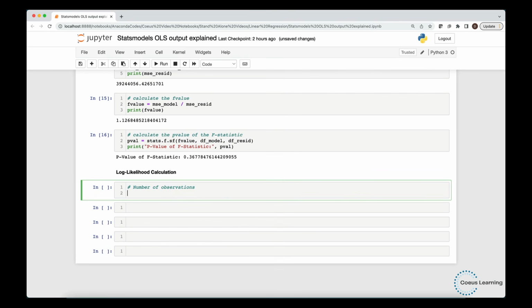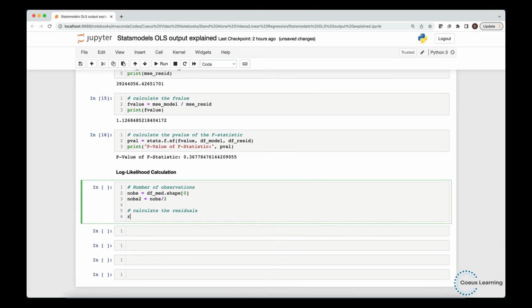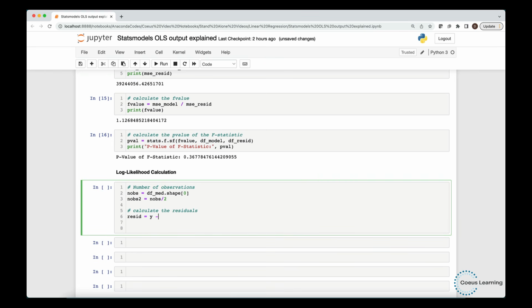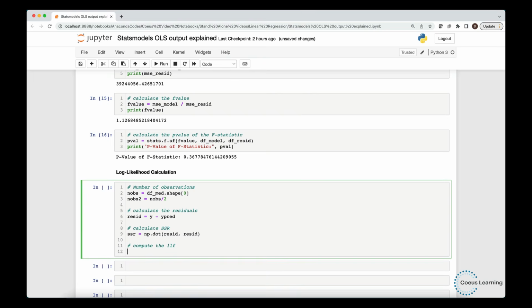We consider the number of observations in the dataset. We calculate the residuals by calculating the difference between y actual and y predicted. Taking the residuals into consideration, we calculate the SSR. This is something we have done earlier as well.